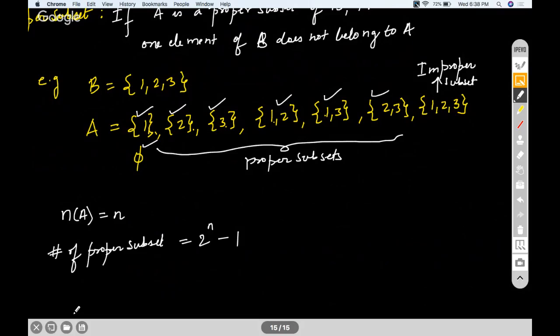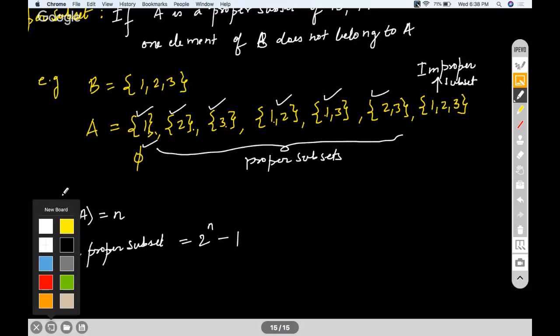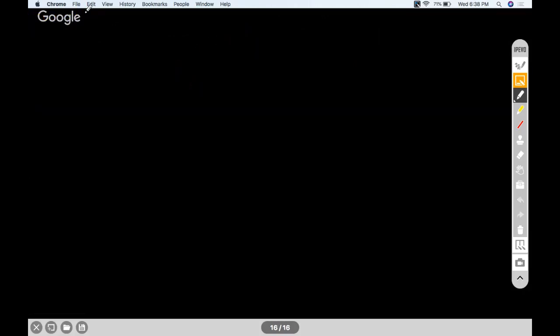Okay. Now, questions that can come on proper subsets and subsets. Let's take that. Let A and B be two finite sets such that A has m elements and B has k elements.